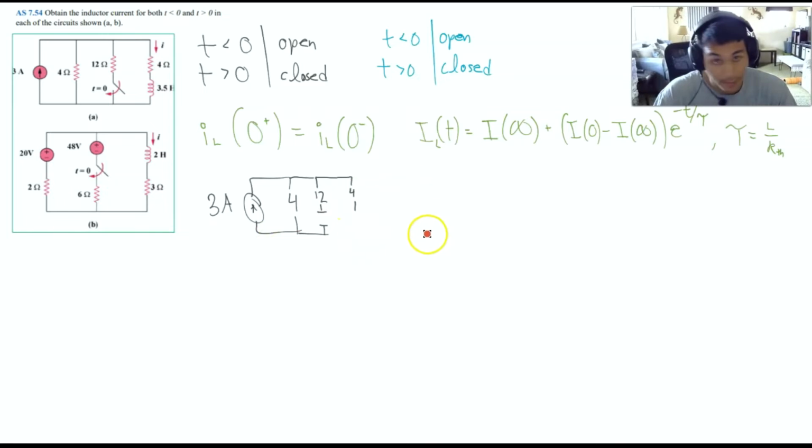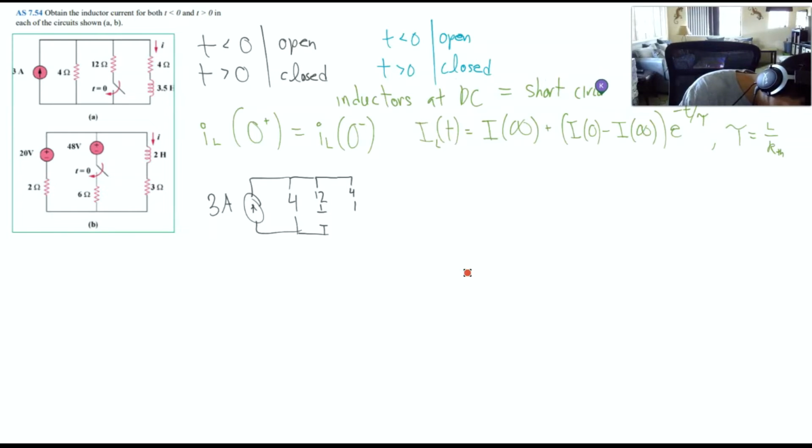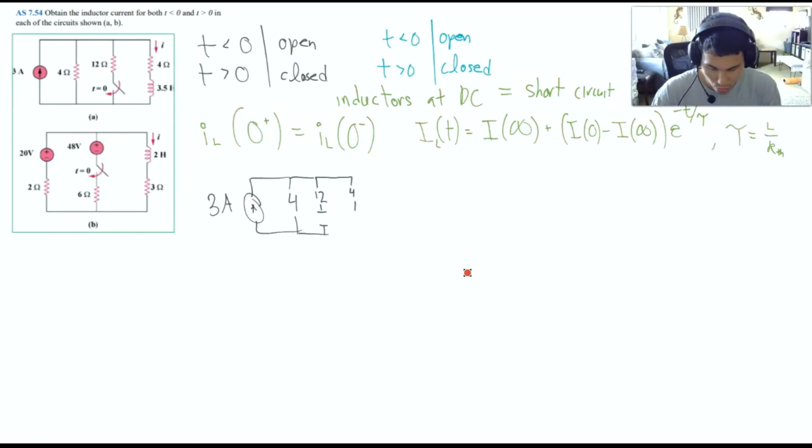And inductors in DC conditions act like short circuits, okay? Now let me just write that. Inductors at DC equal short circuit. Okay. So since it acts like a short circuit, I can just draw a flat line, right?